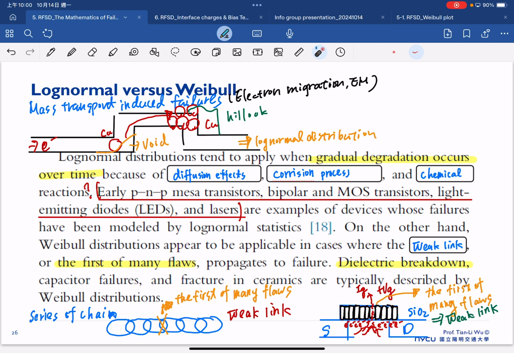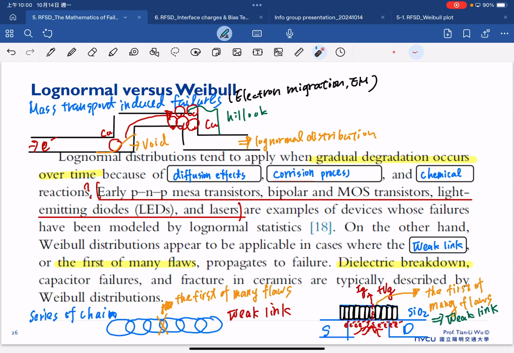And once a small region is broken, that will immediately make the whole dielectric broken as well, because now the electrons will only flow to this region and become a high leakage current. So this concept is exactly similar to our concept of the weak link, or the first of many flaws.